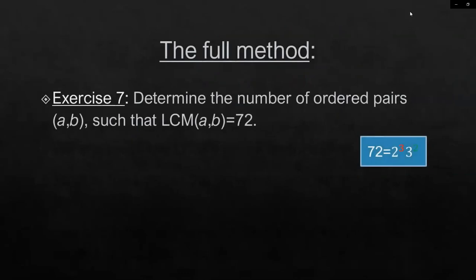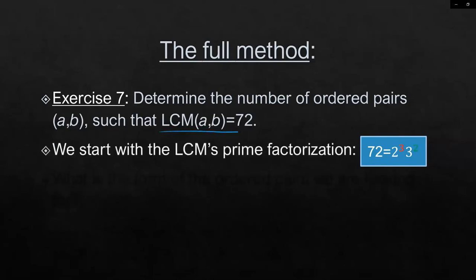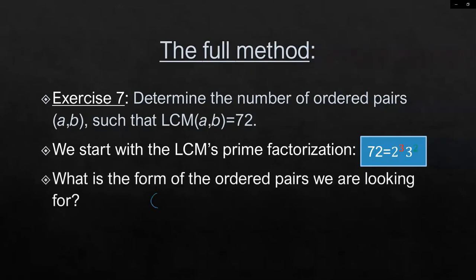So let's look at this problem. We want to find how many ordered pairs we have, such that the least common multiple is 72. And we start with the prime factorization. Okay. So we saw that the pairs have a specific form.